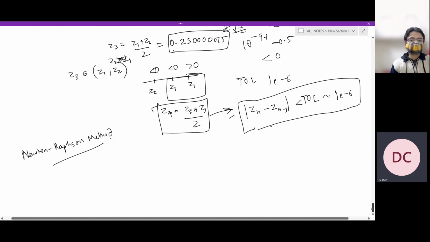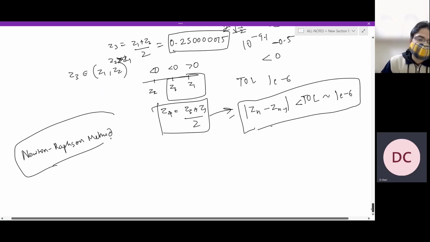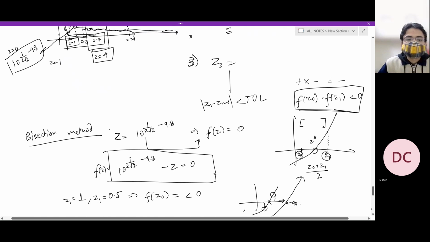What do you think? Should we do a problem on the Newton-Raphson method, or are you really experienced with it, so we don't need to cover it? If for single equations, I had experience, sir. Okay, single equation, you already have experience.